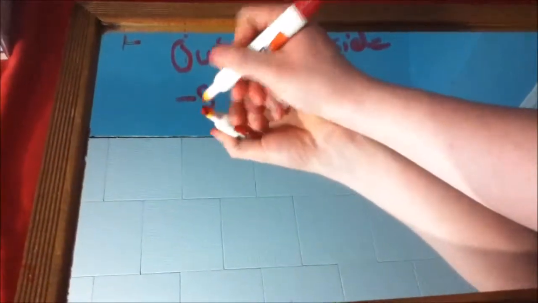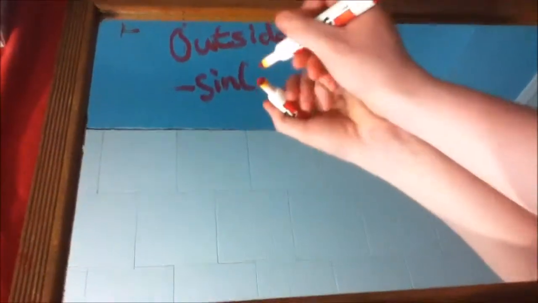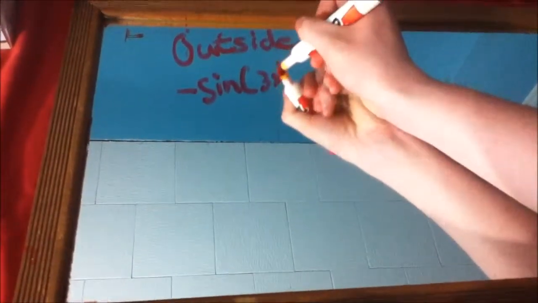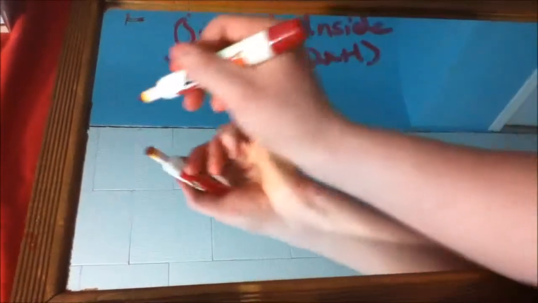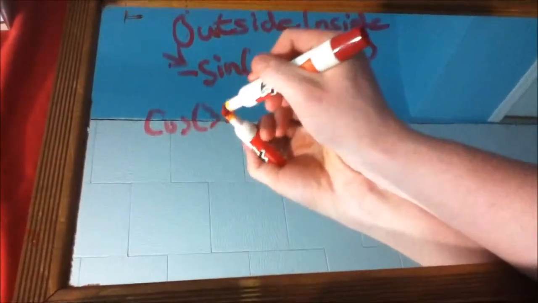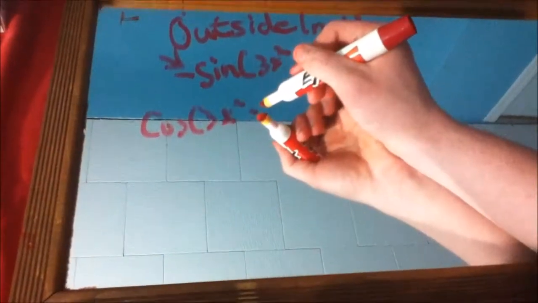So, now we'll take an example of this, and we'll use negative sine of 3x squared minus 2x plus 1. We start with our outside function, whose derivative is a negative cosine.